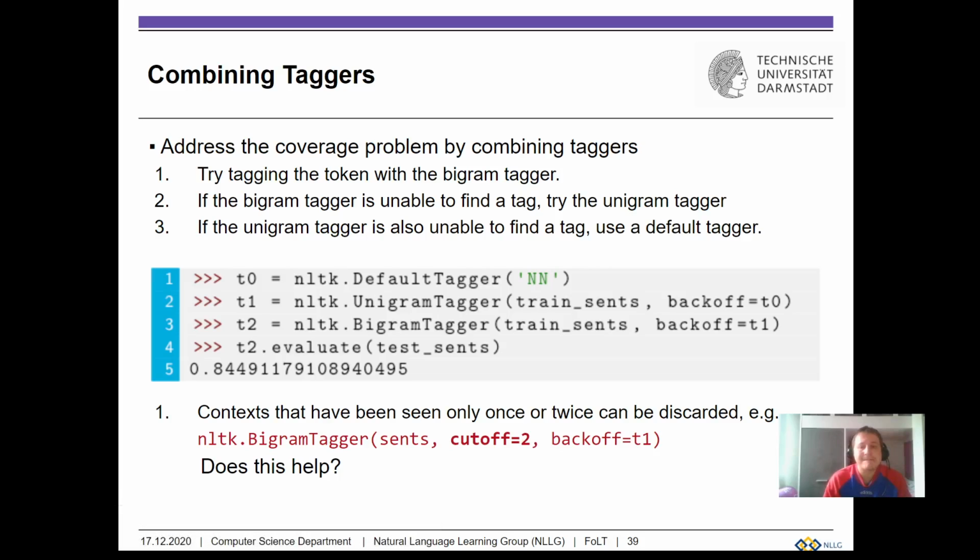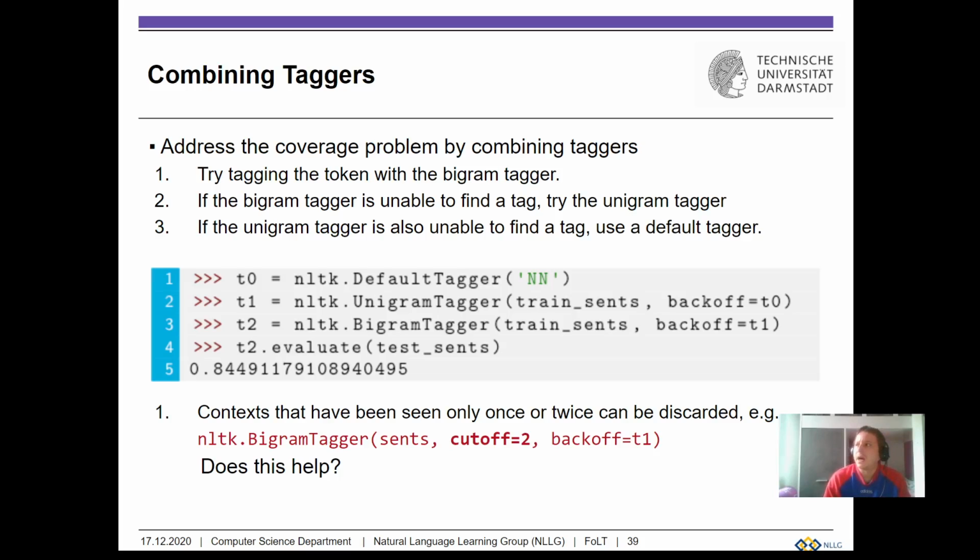Because maybe those are very unlikely to appear in the test data, because if they were there only once or twice, maybe they are very rare phenomena, and maybe making statistics from those one or two can be misleading, right?